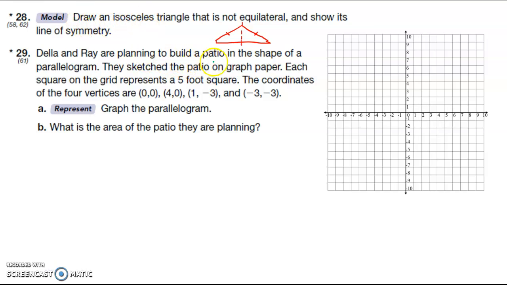Della and Ray are planning on building a patio in the shape of a parallelogram. They sketched the patio on graph paper. Each square on the grid represents a 5-foot square.